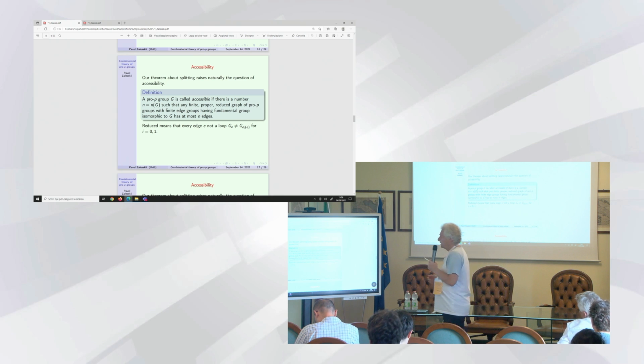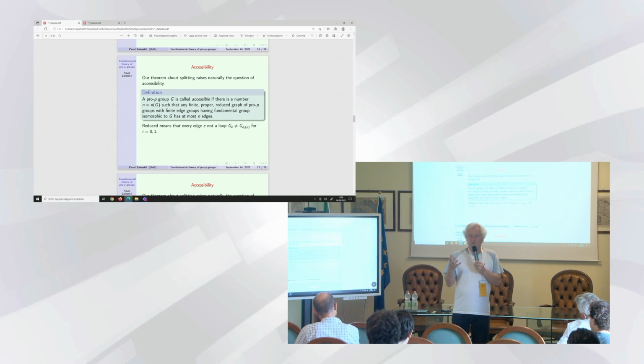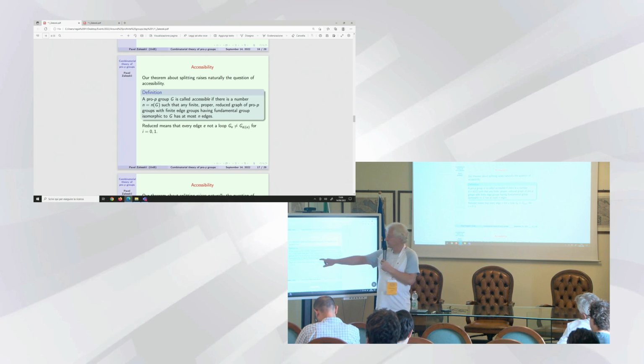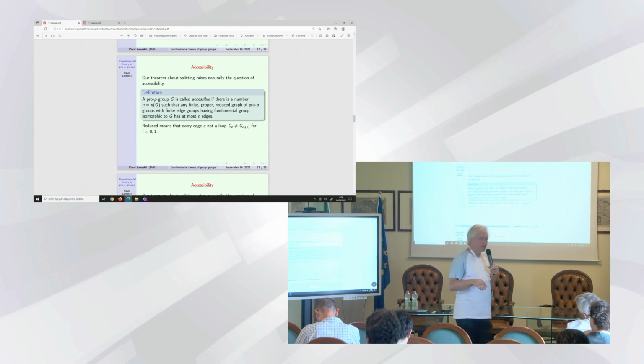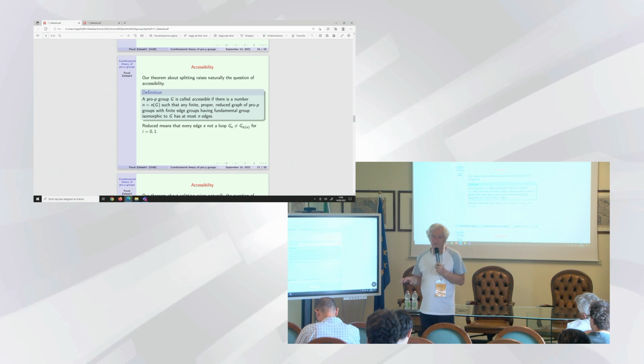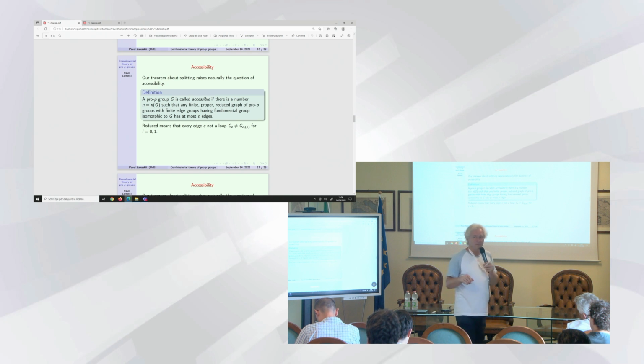But the proper definition is the following: that our graph of groups where we split has to have a bound on the size. The underlying graph has to have a bound, and this bound is called the accessibility number in my talk. I'm not sure whether there is a proper term for this, but in my talk it will be accessibility number because I'm going to mention it a couple of times.